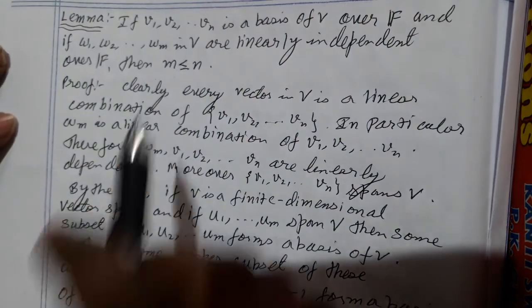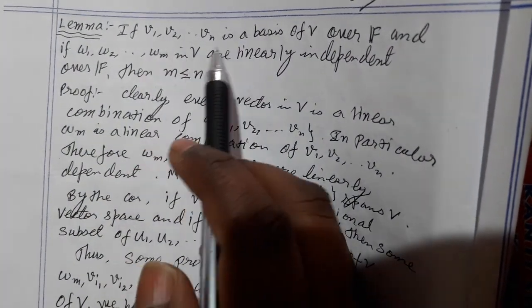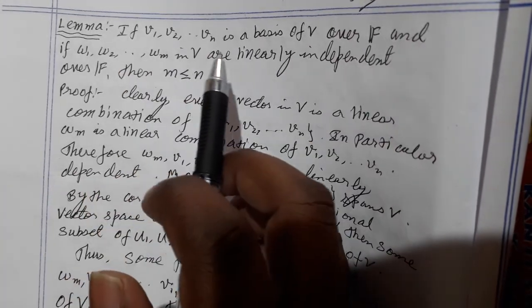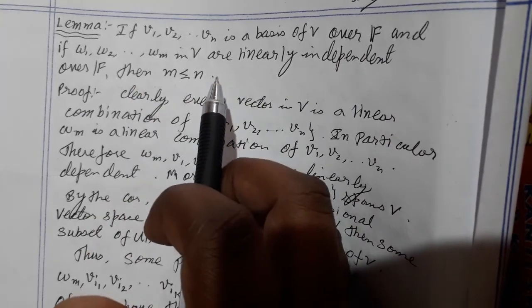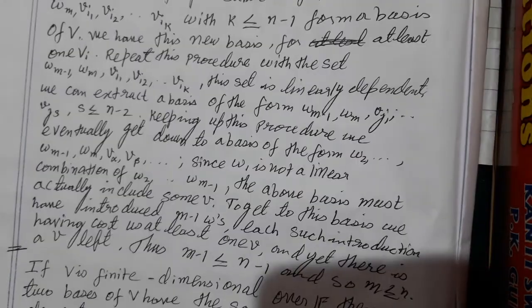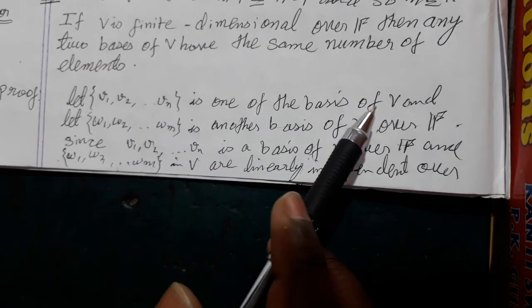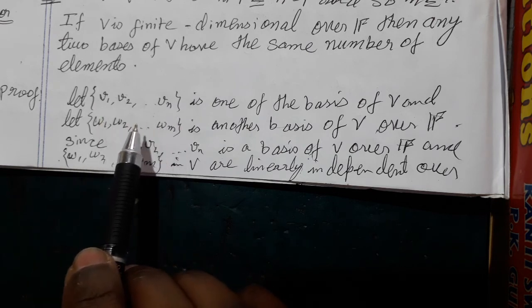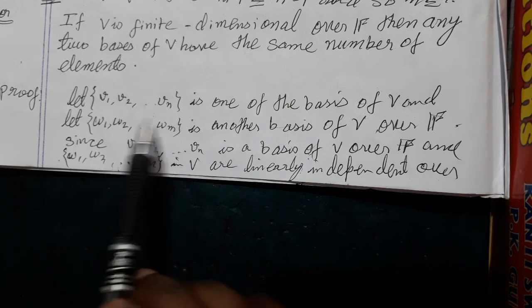Now, if you use this lemma, remember we have done it already in the previous video. If v1, v2, ..., vn is a basis of V over the field F, and if w1, ..., wm are linearly independent over the field F, then m should be less than or equal to n. So we have this property. Now since this is a basis of V, and any basis is always linearly independent, this set is also linearly independent.